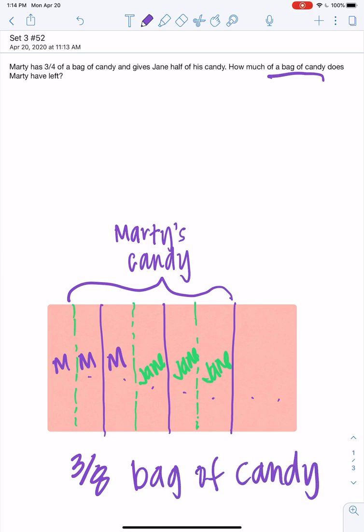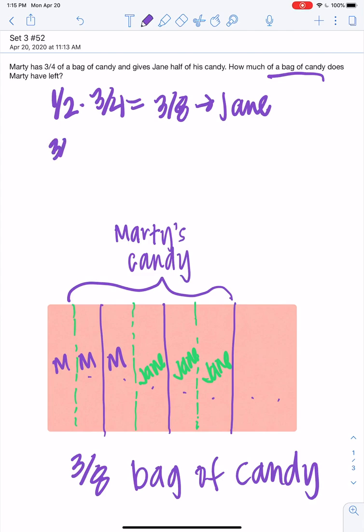If we were to think about an arithmetic expression that we might want to write for this, he is giving away half of his 3/4, and half of 3/4 is 3/8. But this is actually what Jane gets when you do half of 3/4. So what Marty is actually keeping is his original 3/4 minus 3/8.